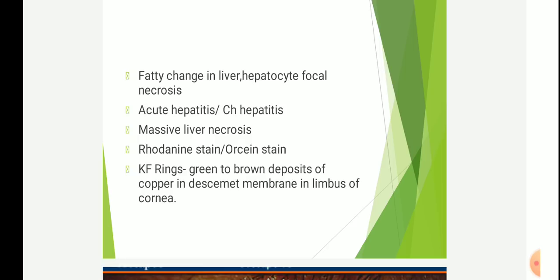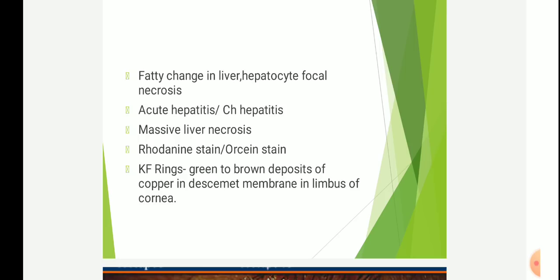There is fatty change in the liver hepatocytes and focal necrosis. It could lead to acute hepatitis, chronic hepatitis, or massive liver necrosis. This copper can be identified by special stains like rhodanine stain or orcein stain. These KF rings are the hallmarks.